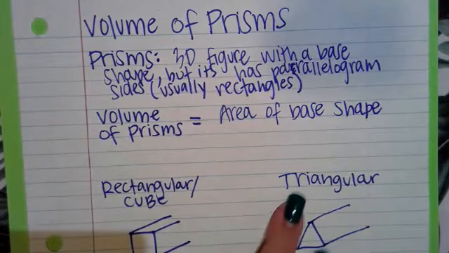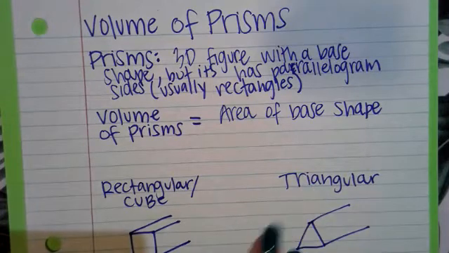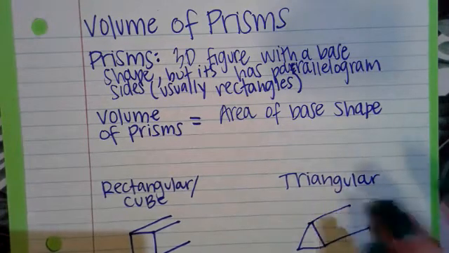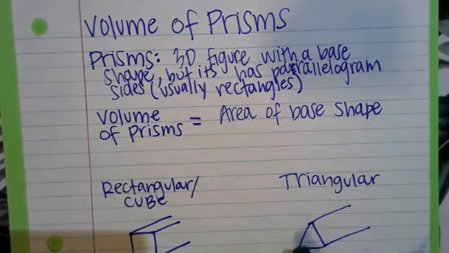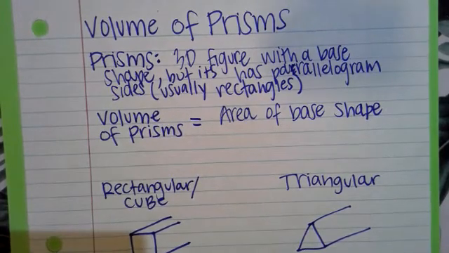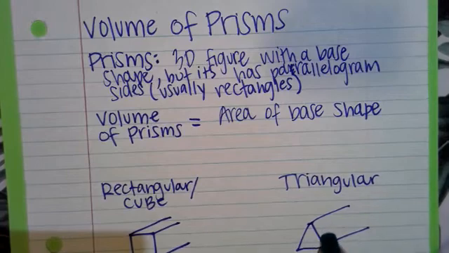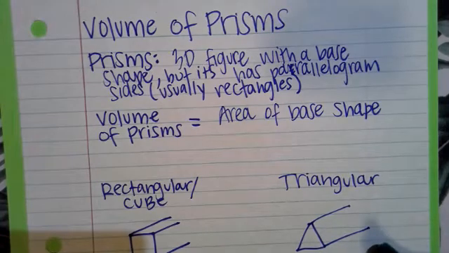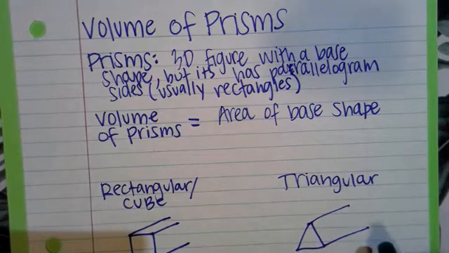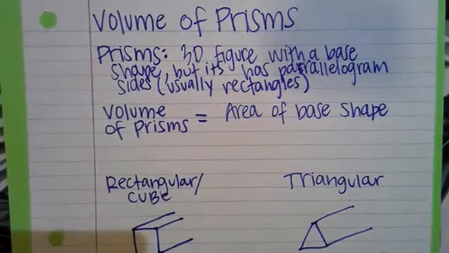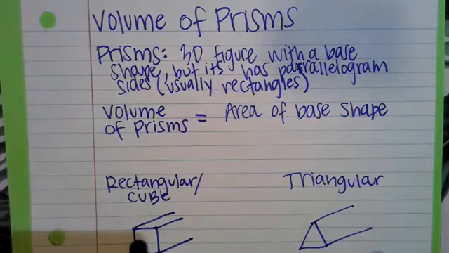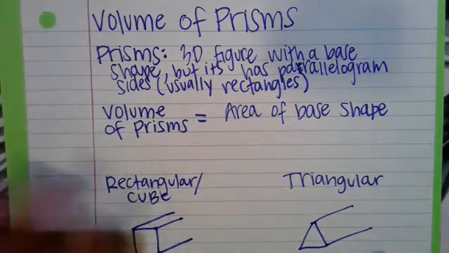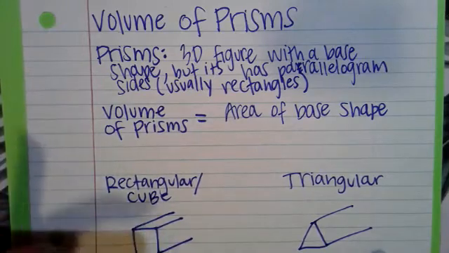But if I flipped this triangular prism on its side, you could think about it as the top or bottom of a figure. Essentially, whatever shape is not the rectangular or parallelogram sides, that's the base shape, except when you have a rectangular prism or a cube, where the base shape is the same as the sides.